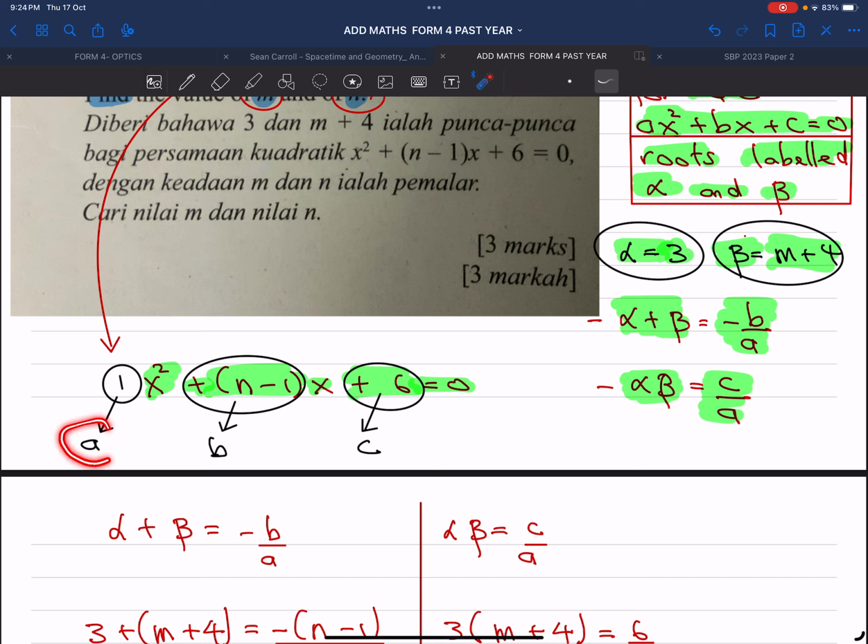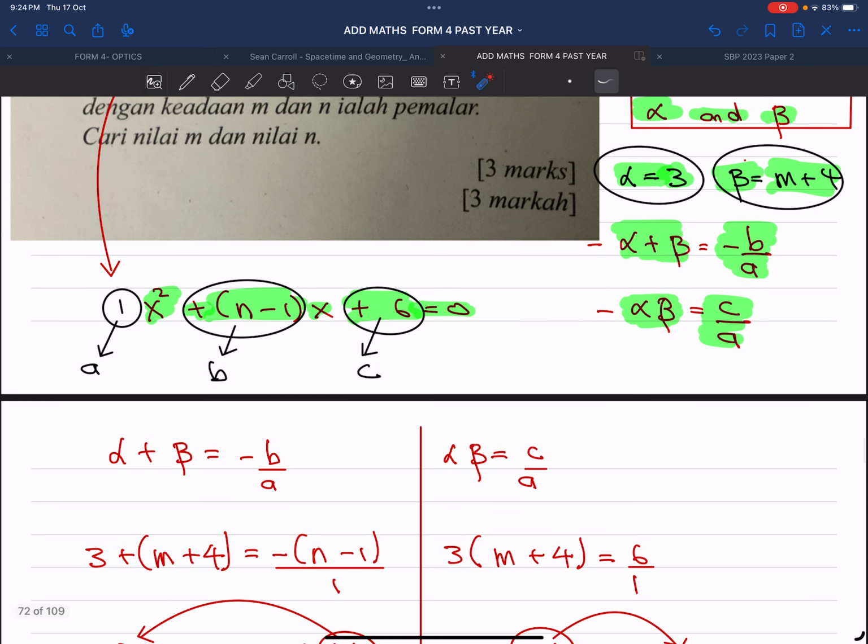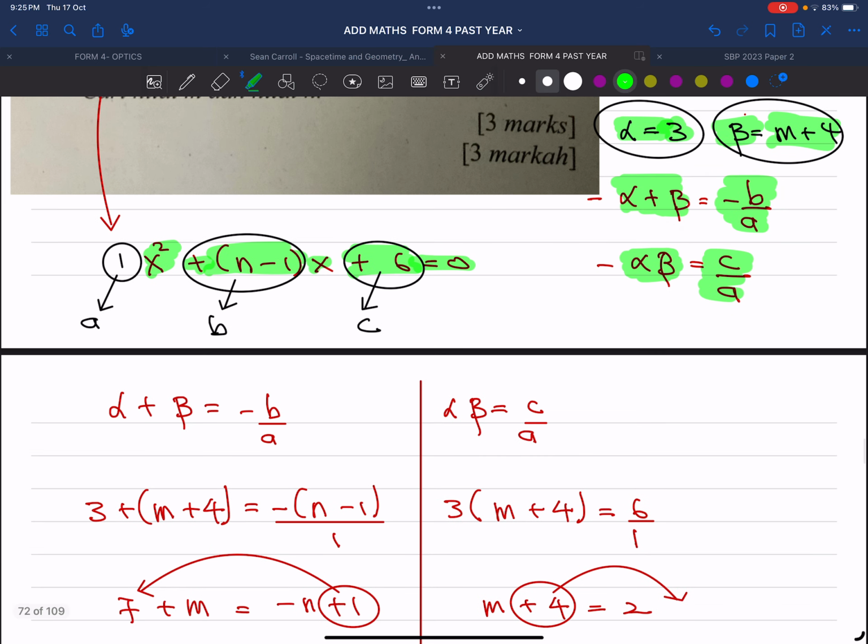The a is in front of the x squared, 1. The b is in front of the x including the sign, and the c is the number without the x. Based on the formula, I'm going to use alpha plus beta is negative b over a.